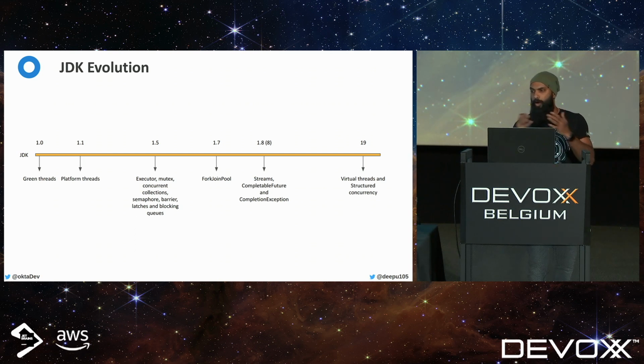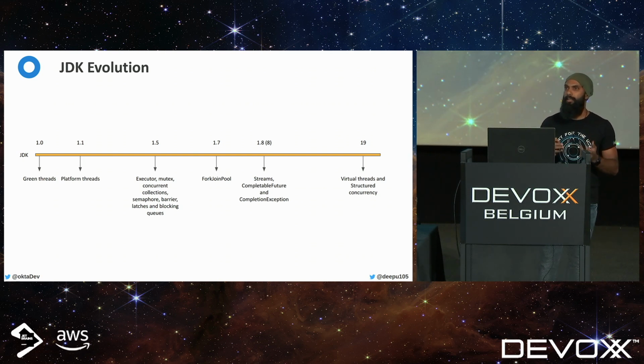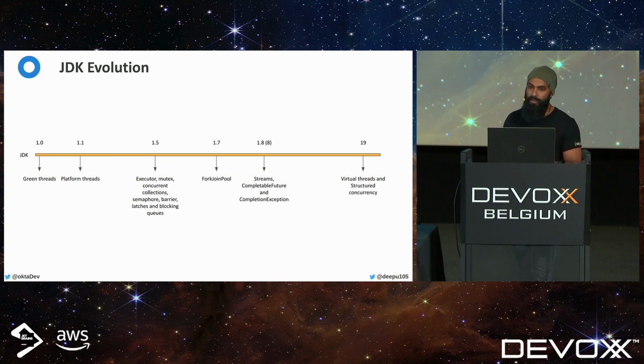I think after 1.1, probably 1.8 had the most significant improvements around that. But again, nothing groundbreaking. While things continue to improve over multiple versions, there has been nothing groundbreaking in the concurrency aspects for the last three decades.